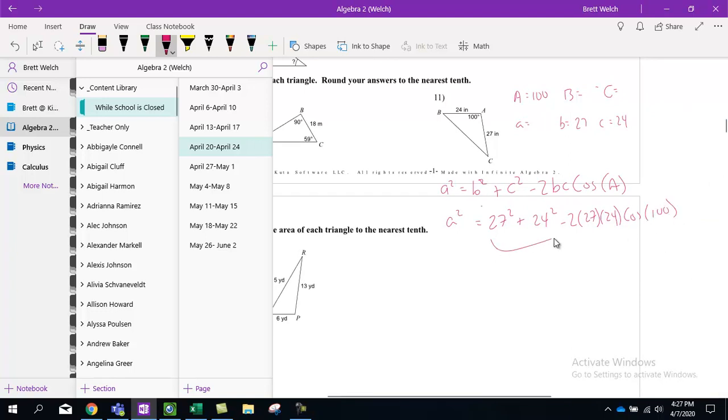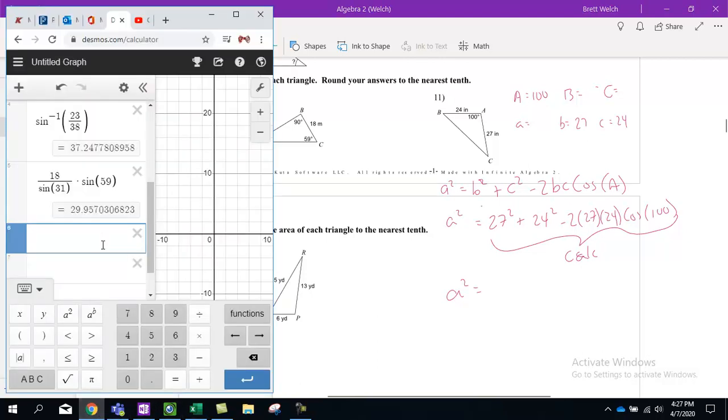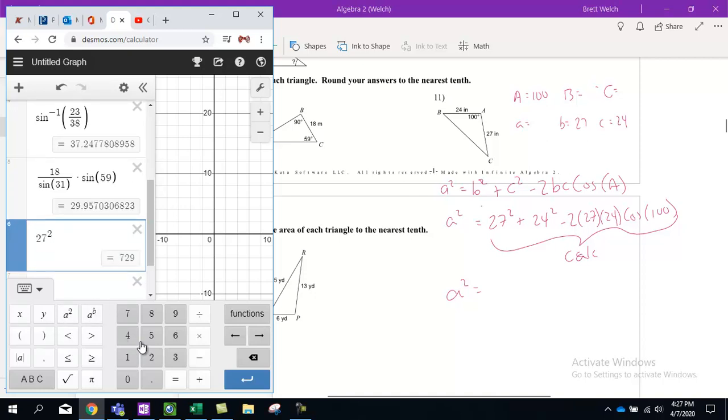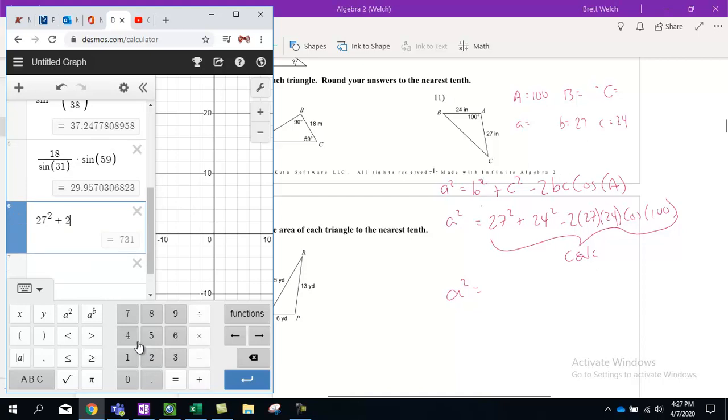This is really important. None of this is a variable, so it can go straight into the calculator. And that'll give me a squared equals, and we'll just grab our Desmos one more time on this set and do 27 squared, plus 24 squared, minus 2 times 27 times 24 times the function cosine of 100.